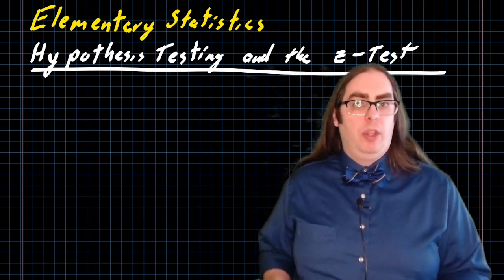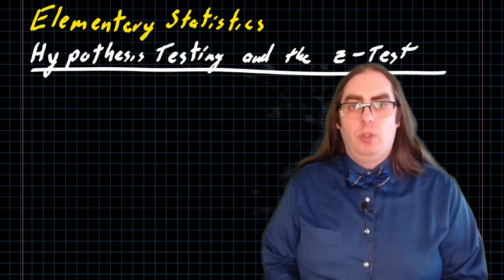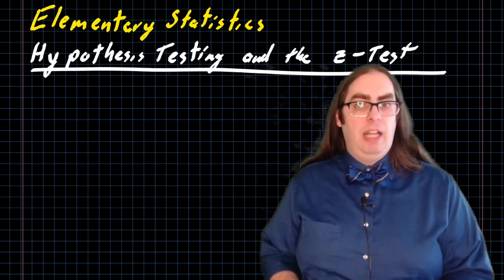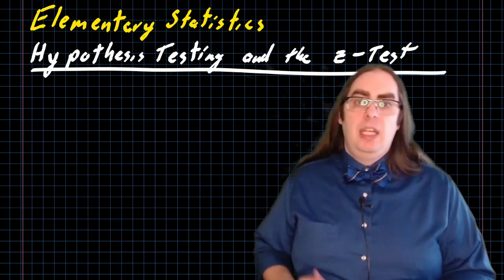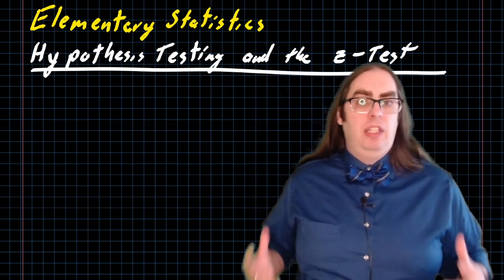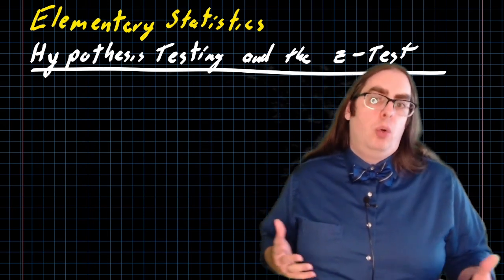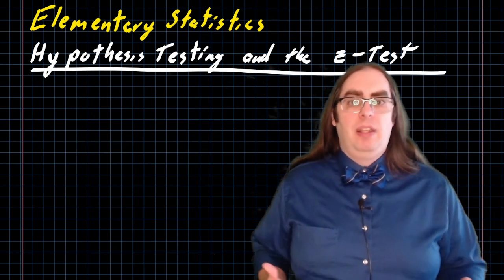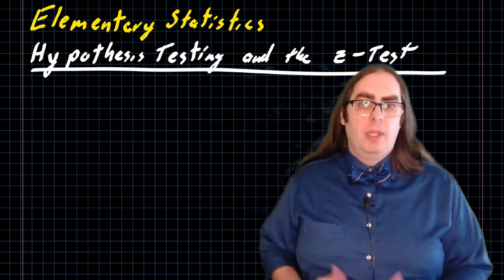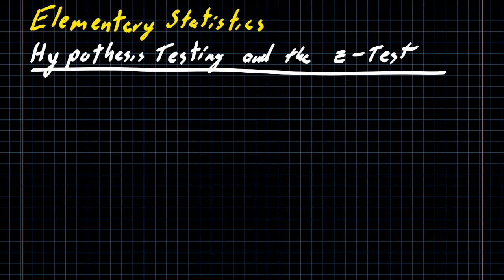So just like with our discussion on confidence intervals, we're going to have some level of significance, some probability under which we can say that yes, these are two different results, or no, based on our probability, these seem to be the same result. All right, let's look at that a little bit more carefully.